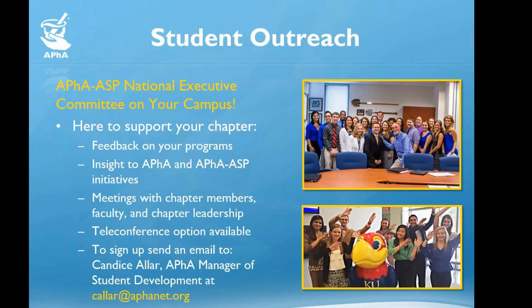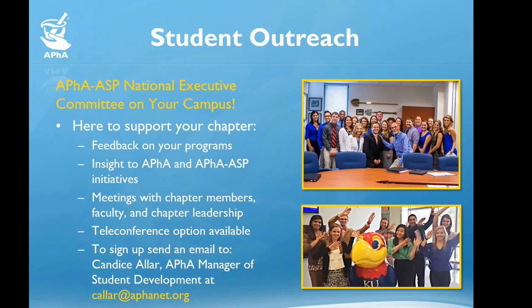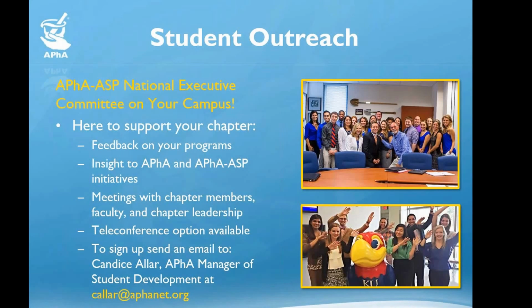We will most likely be visiting your chapters, hopefully, this fall. We do particular outreach visits. Everything's on a rolling basis, so every 3 years your school should expect a visit from an APhA staff member or a member of our National Executive Committee. So we may be coming to a school near you this fall.